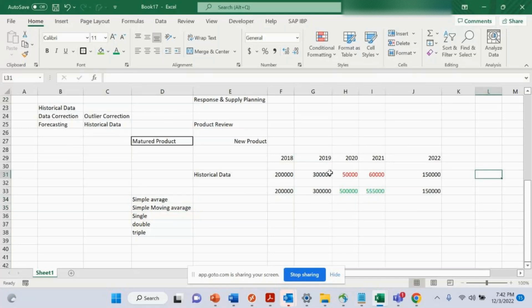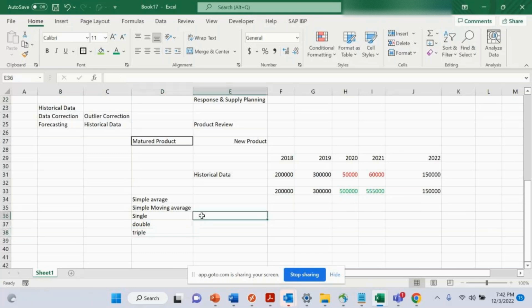But if our business contains any seasonality or trend, then we will go for single, double, and triple. Single is for more mature products where we have a standard history. Double comes with trend, and triple with seasonality as well.